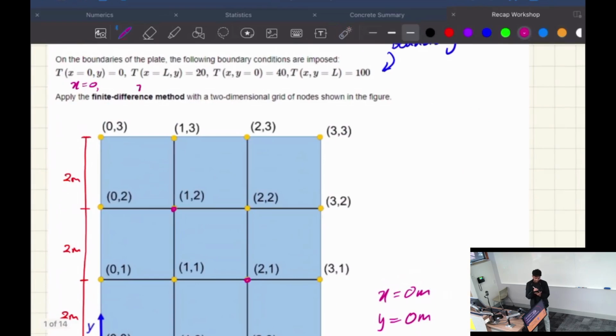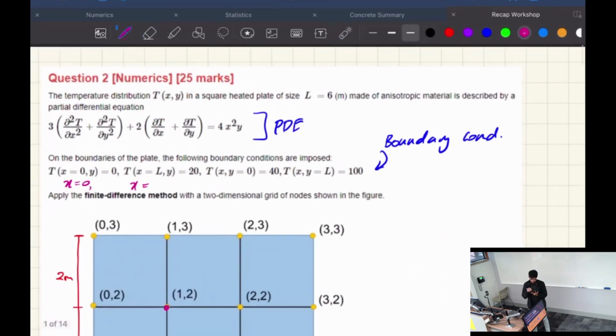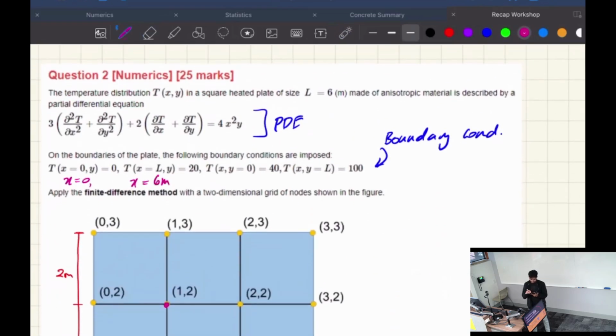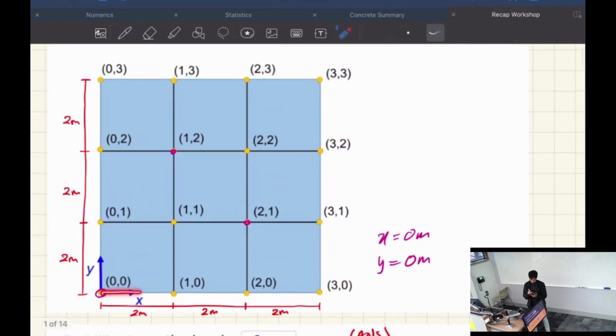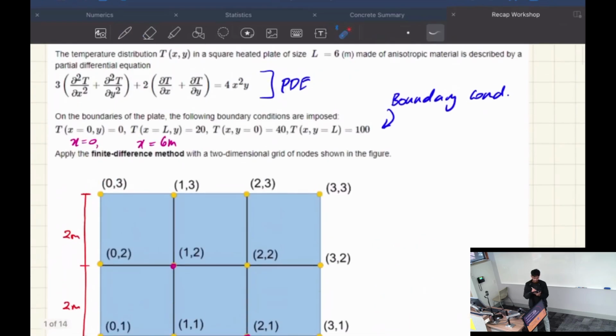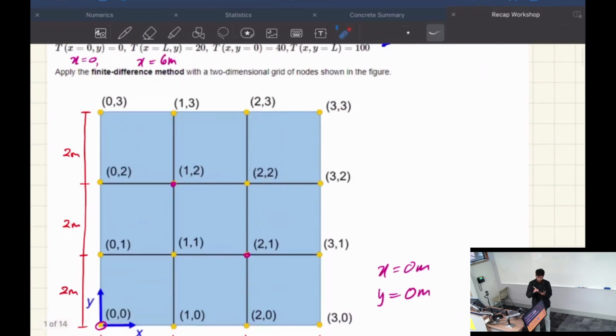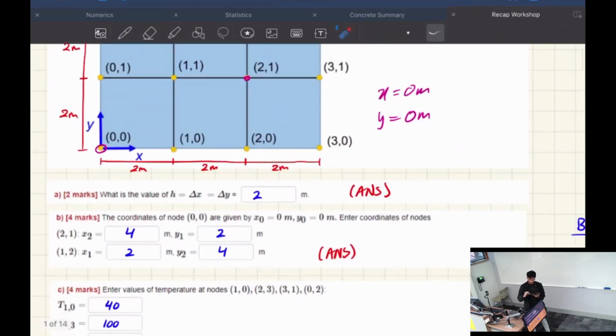Now switching on to the next one. When x is equal to L, which they've given us to be 6 meters, we're going all the way up until this point, and our y value can vary. It can be anything between here and any point on this line.